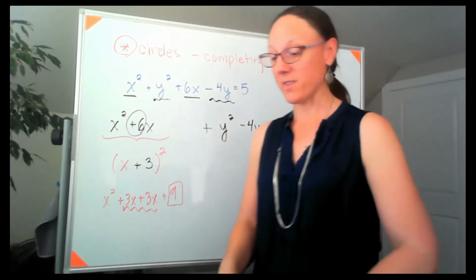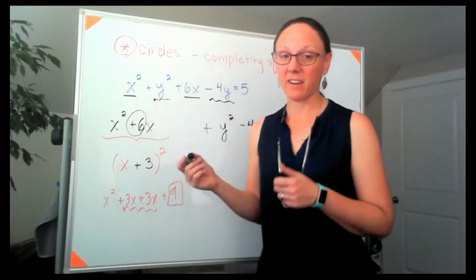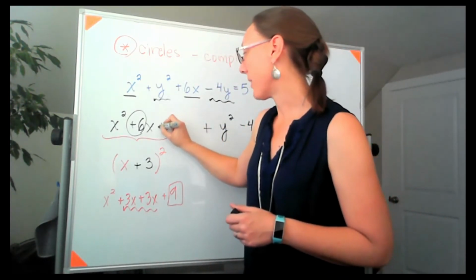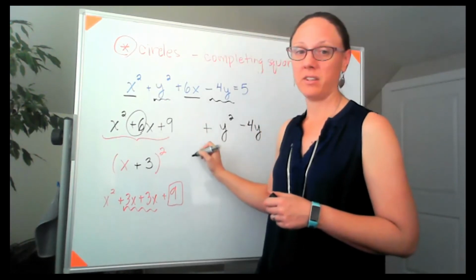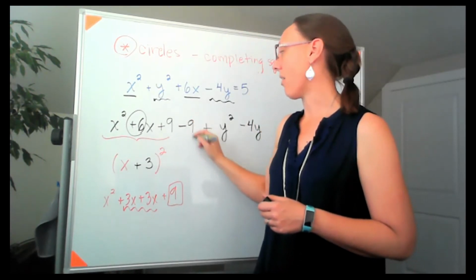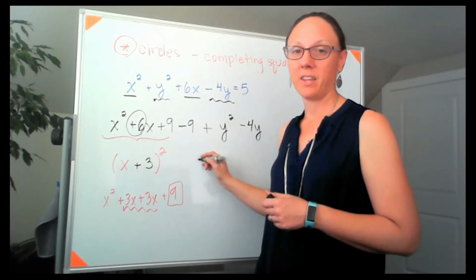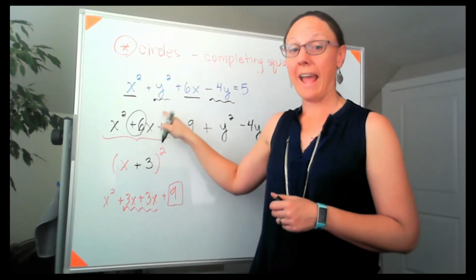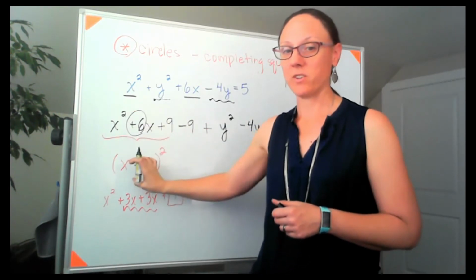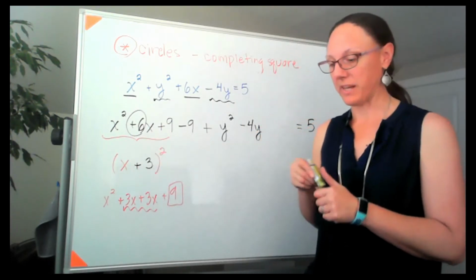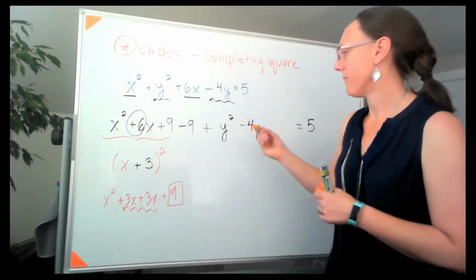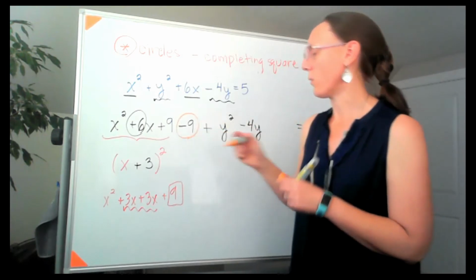So when we complete the square, the way we fix that is I add the 9 on and then subtract it right back off. The part where I added it on goes into my perfect square, and that minus 9 we'll deal with in a minute.